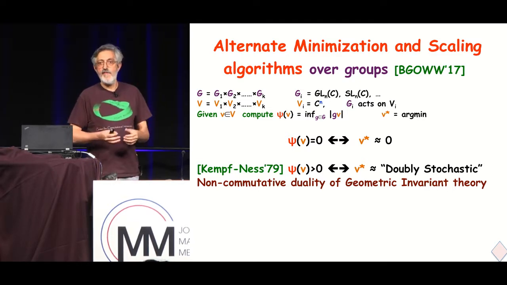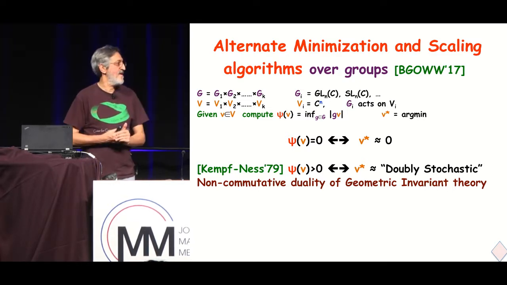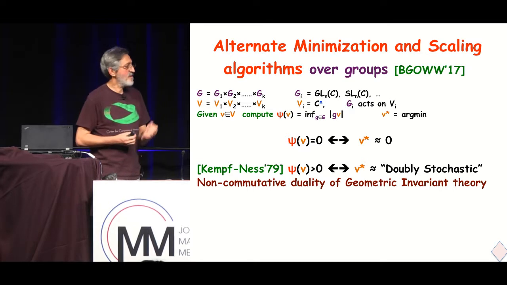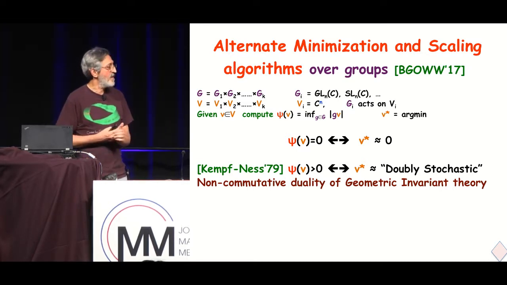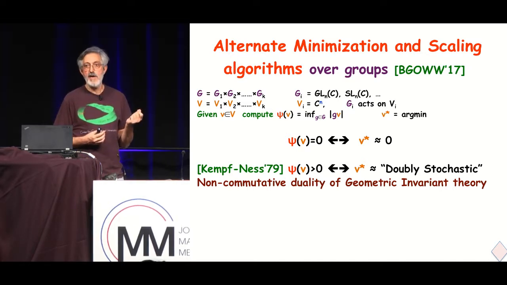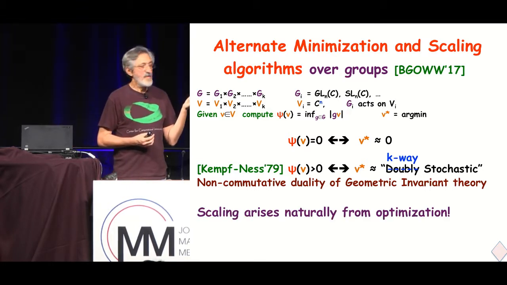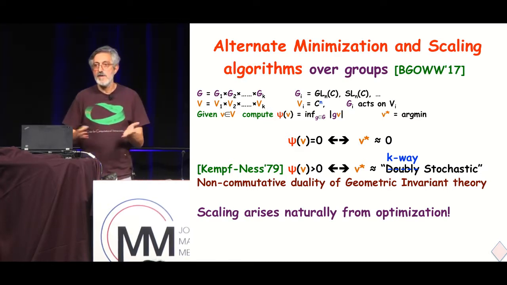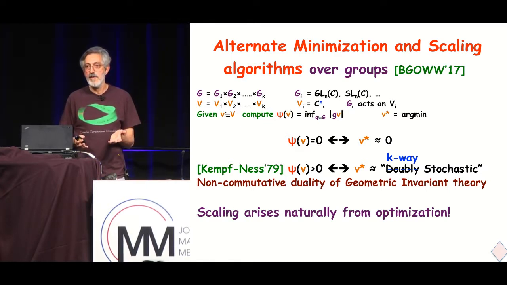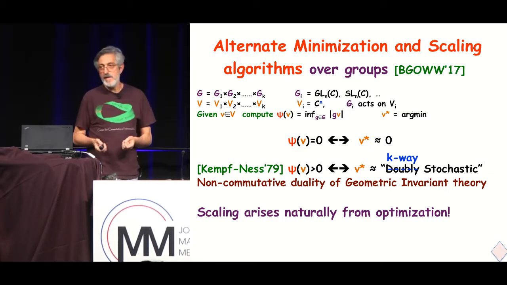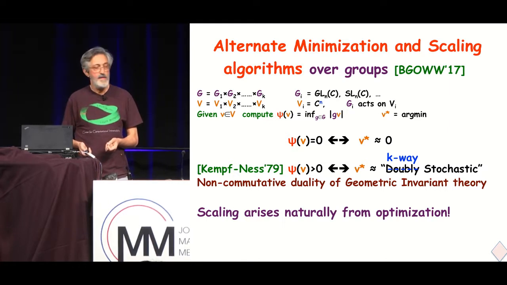There's a notion of Lagrange conditions that you can write down. It's called the moment map. And you just write them down, and it becomes evident that you cannot approach 0 exactly when a certain set of scaling conditions are satisfied. So scaling arises naturally from this optimization problem.